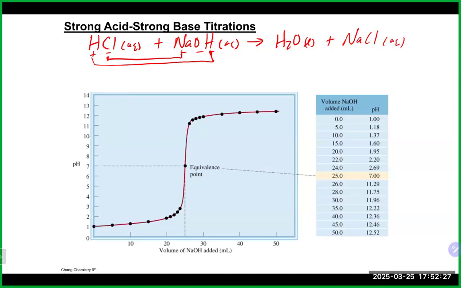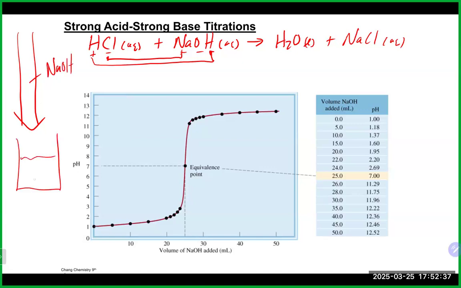Just for orientation, up in the burette is our sodium hydroxide, and down in our beaker or flask is our HCl. So we're adding our sodium hydroxide to our HCl in this titration.